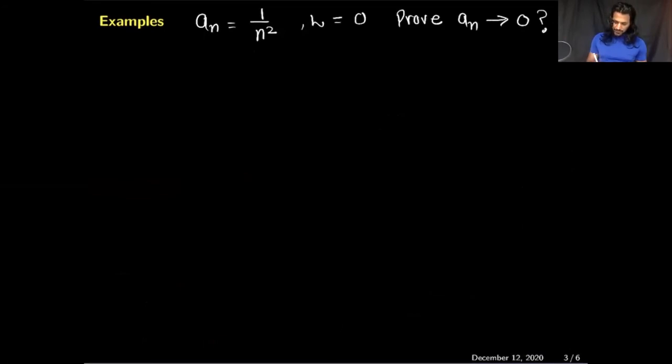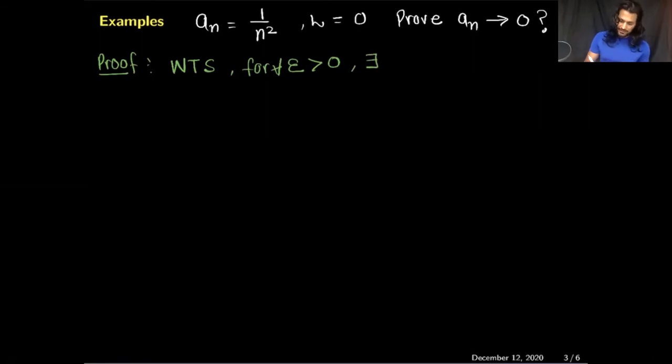What we want to show is that for any given epsilon, there exists an N which belongs to the set of natural numbers, such that when n is bigger than or equal to capital N, this implies the distance between a_n and L, which is 0, is less than epsilon.